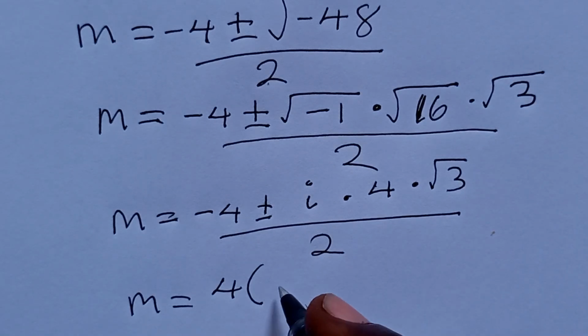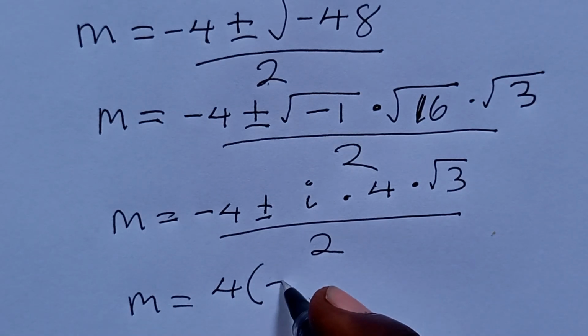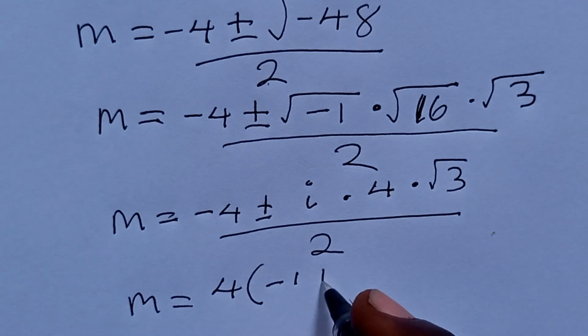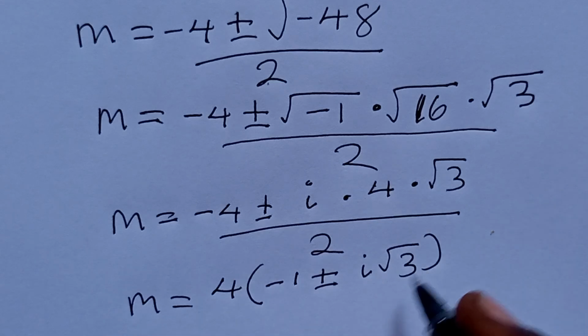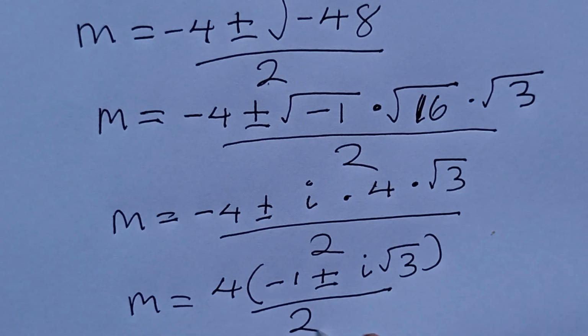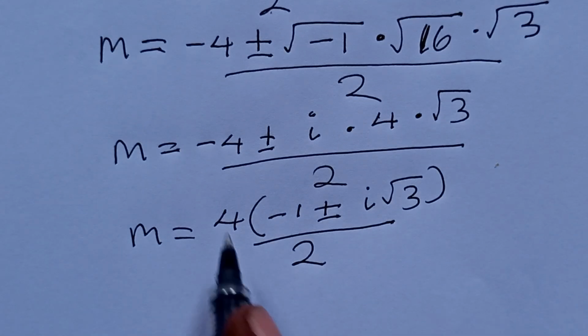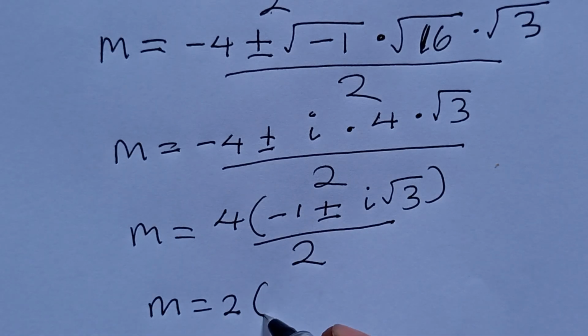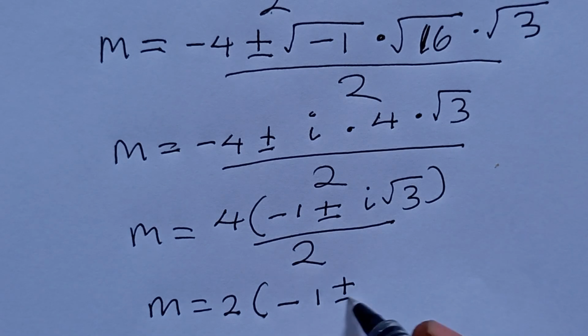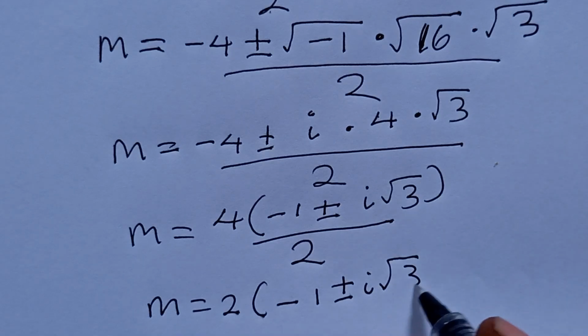We factor out 4, and we're left with minus 1 plus or minus i root 3, all divided by 2. And 2 can go into 4 two times, so we have m is equal to 2 into the bracket of minus 1 plus or minus i root 3.